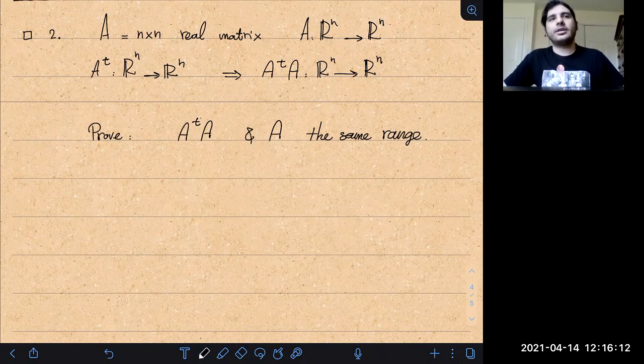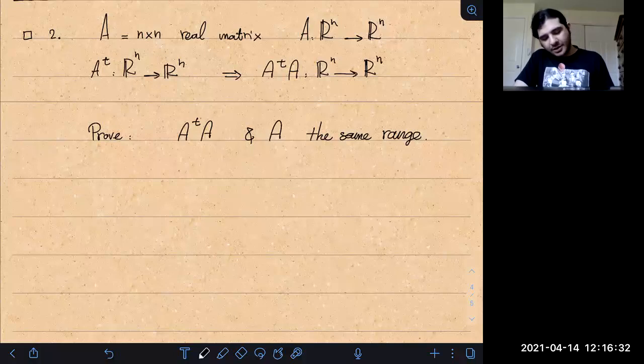So yeah, this is actually a very good approach. Why? So we want to show the ranges of two maps are equal, right?